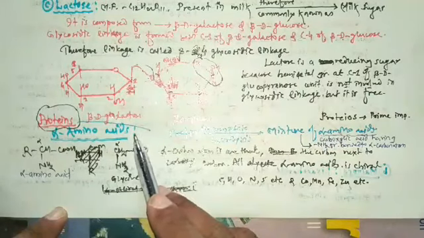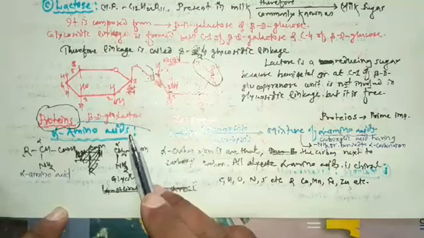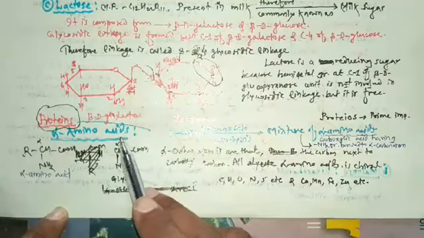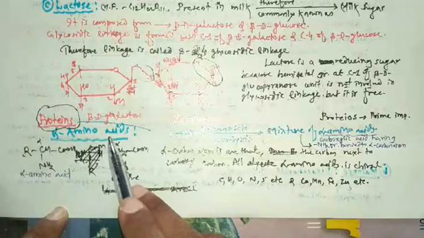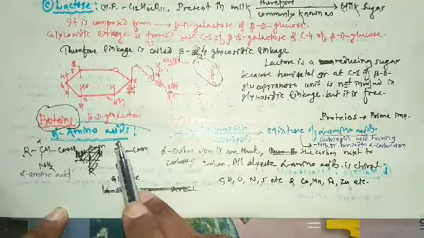So proteins are nothing but the polymers of alpha amino acids. Chemically they are the polymers of alpha amino acids. So let's study about the alpha amino acids.